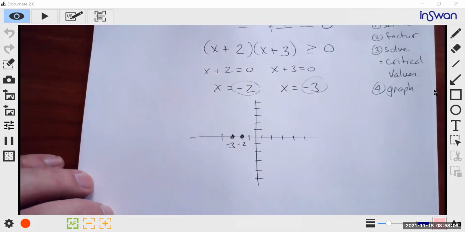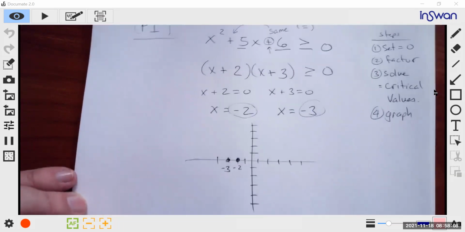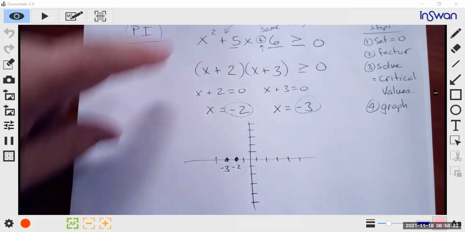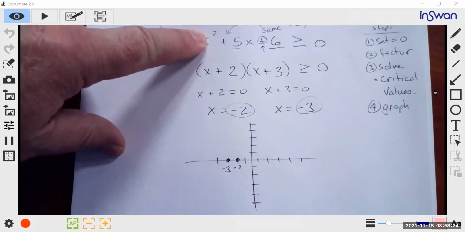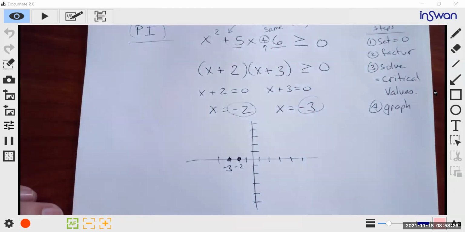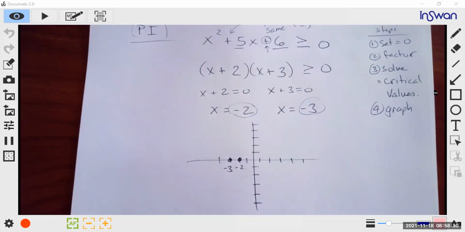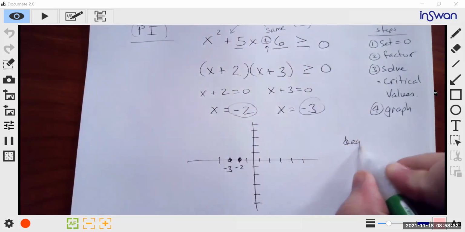What's the rest of the graph going to look like? What kind of equation is it? Can't be linear. It's got a square on it. We have two answers. Linear equations only have one answer. So determine what's the degree of the equation.